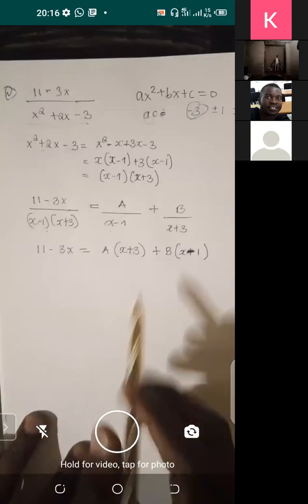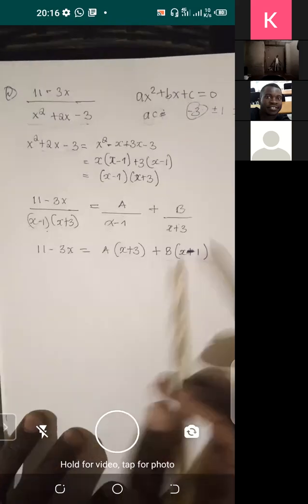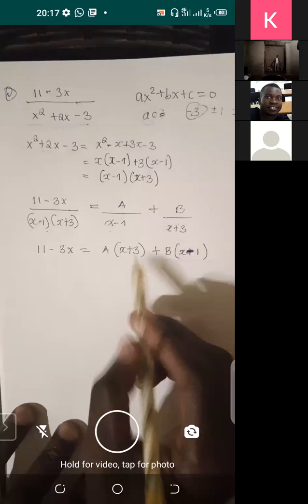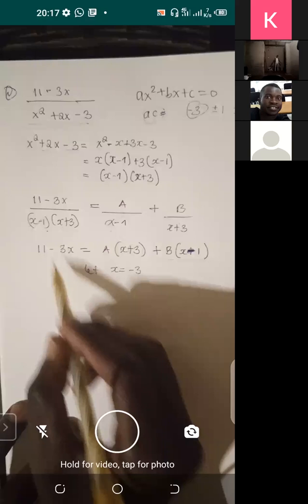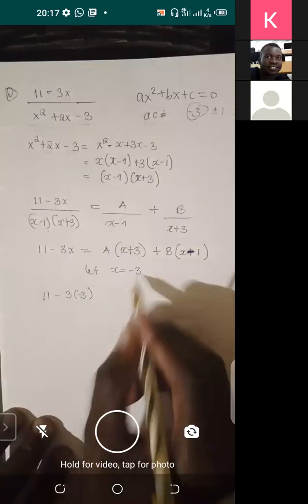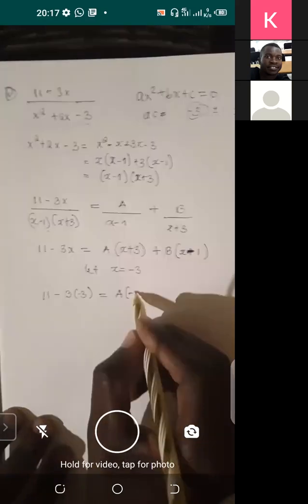Okay. So here, what are we going to do? You can let your x be equal to -3. Then you have 11 minus 3 times -3 equal to A times (-3 plus 3) plus B times (-3 minus 1).